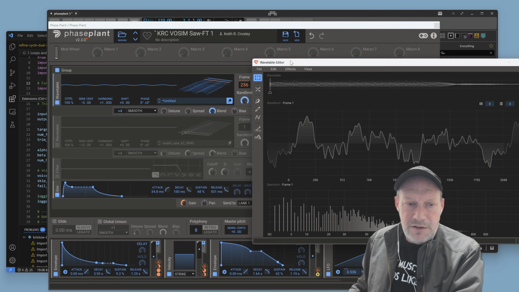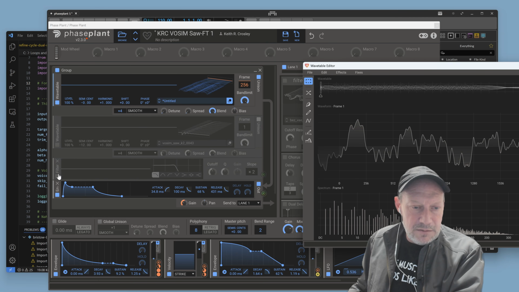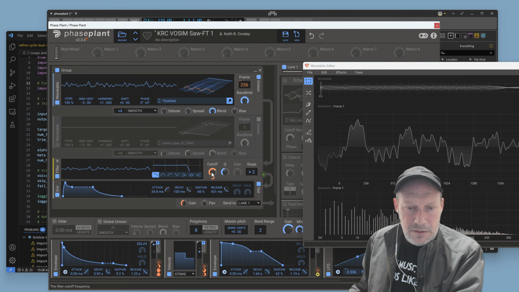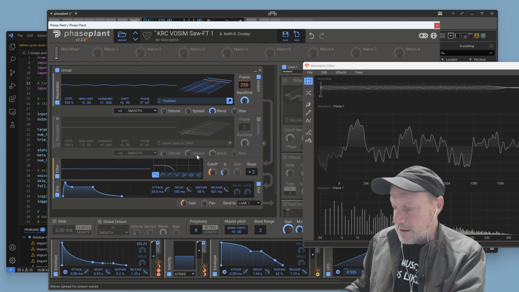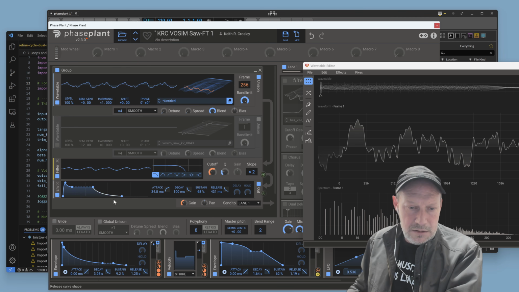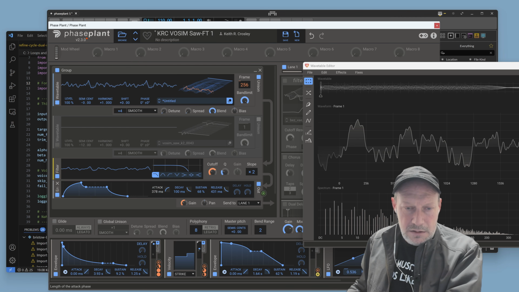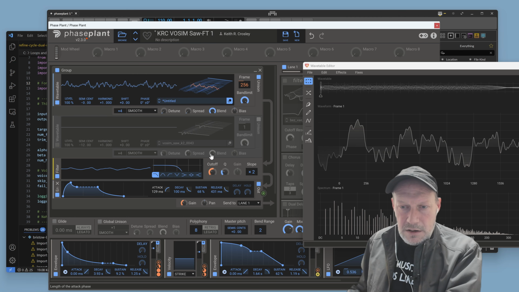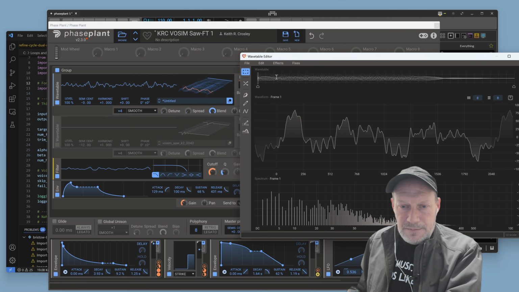Now, of course, if we were to filter this, we could get some better synthesis going. Filter out some of that nonsense in the high end. I don't know.